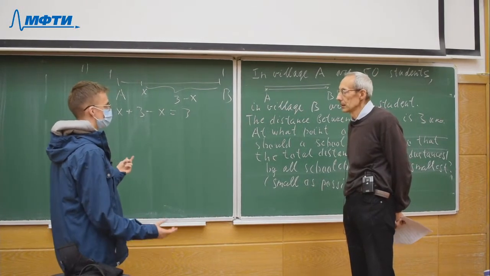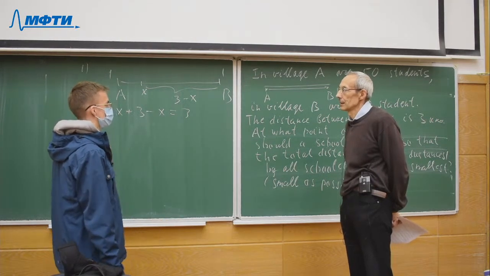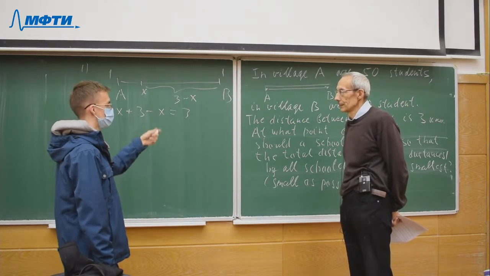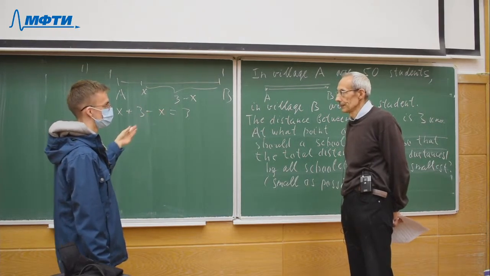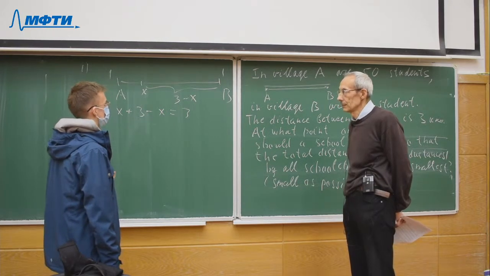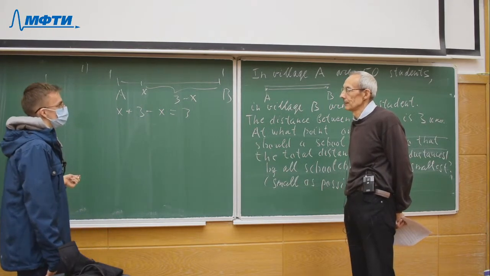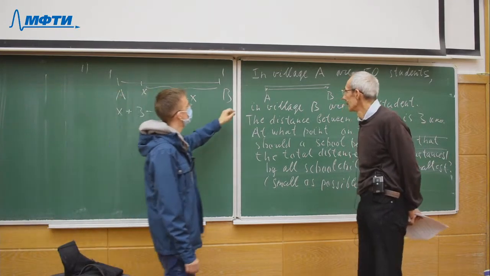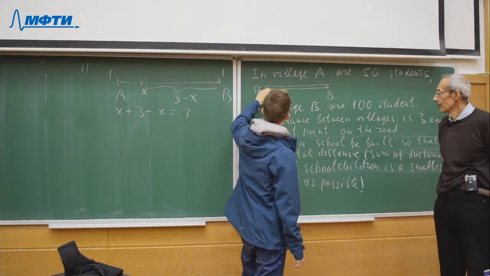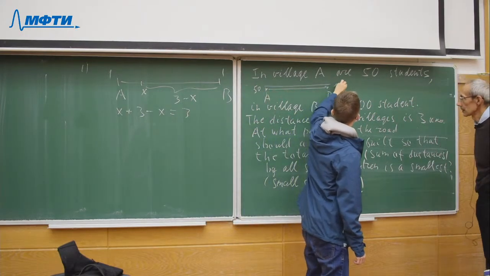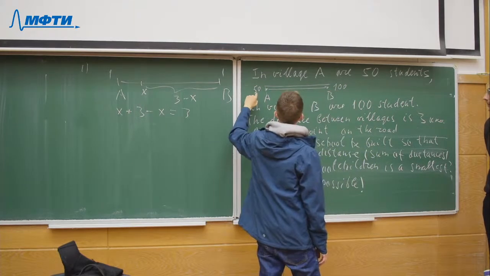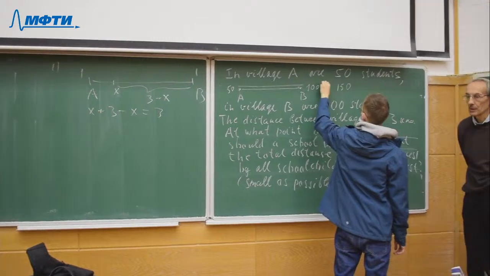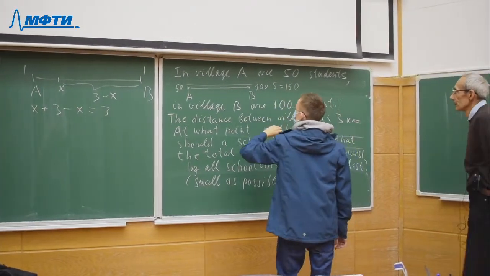So it takes the minimum amount of distance to come to school with regards to the amount of students. I think in village A it's 50 students and here are 100 students, yes. So the total is 150.